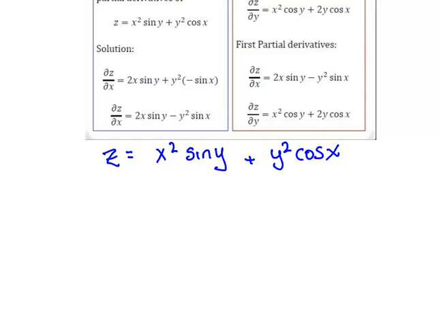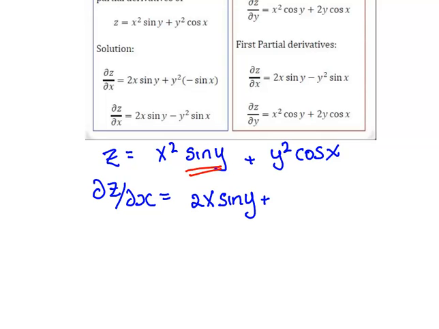Now first partial derivative, dz dx. We're going to treat sine y as a constant, since we're deriving with respect to x, so we're just going to leave it alone. So this is 2x sine y.